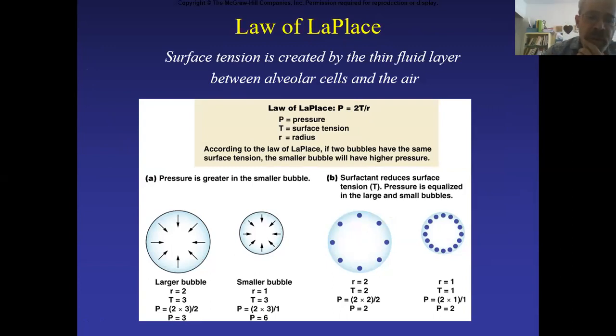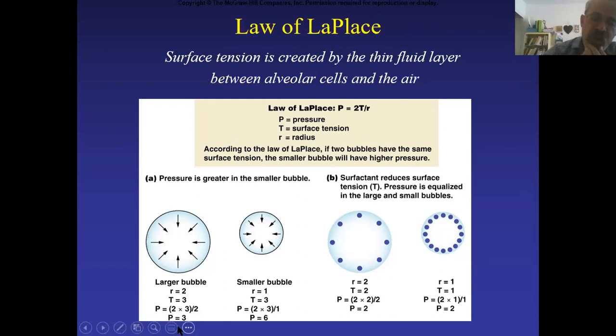The smaller bubble has a smaller radius, same surface tension, but this translates into double the pressure. So if these 2 bubbles were connected to each other, this bubble would collapse into this one. But even if they're not connected to each other, this bubble will collapse.